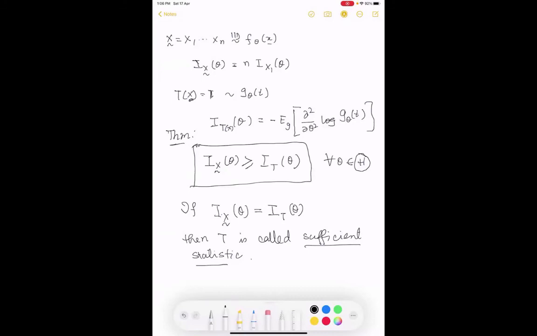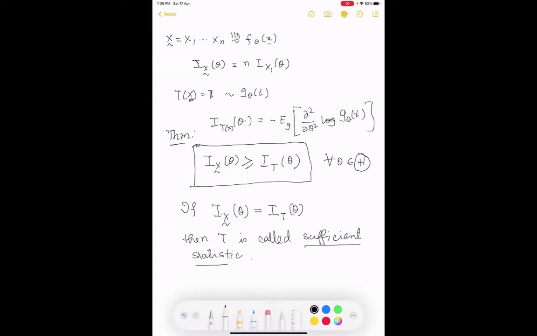The original, the population distribution, is maybe something normal. And suppose you decide, okay, instead of taking the average, I'll take the sum of squares. I'll just square each of them, x1 square plus x2 square plus xn square, and then sum them up and take the average, or I'll just take the sum of the squares.